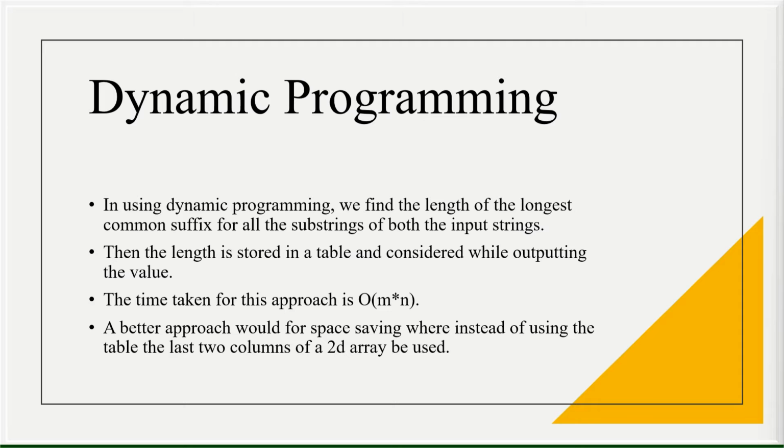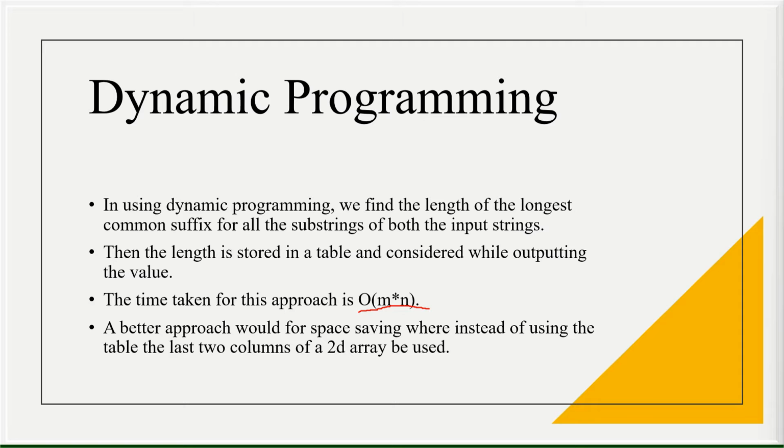In this method, what we will do is try to find common suffixes of the string between both the strings. And whatever common suffixes we get, we save the length of that suffix in a variable. But going forward, this is also not the best solution as we will still have to traverse both the arrays, and for that what we will get is the time complexity of O of m into n.